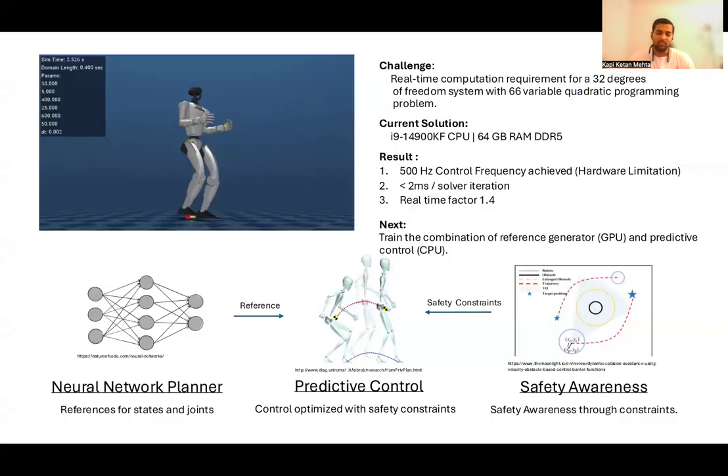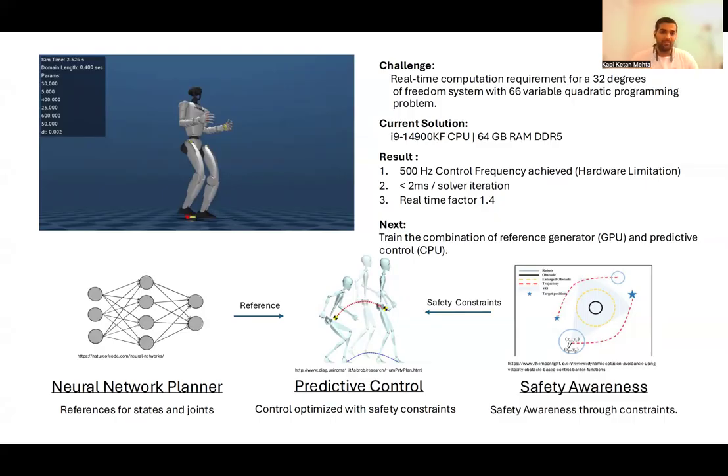The image which you see above is basically the predictive control component, which is a 66 variable problem, which I'm able to solve under 500 hertz on a local system.